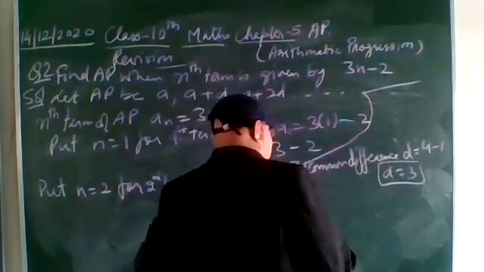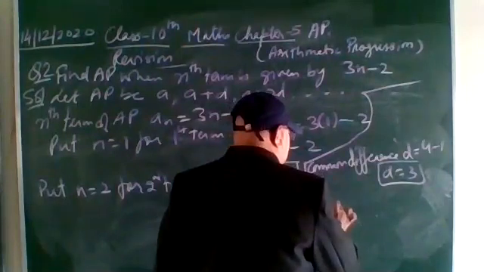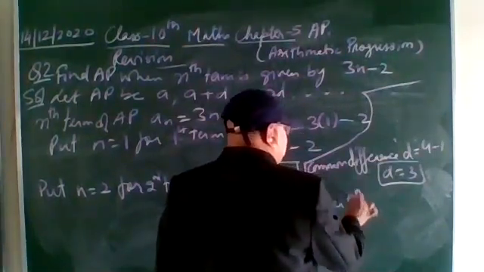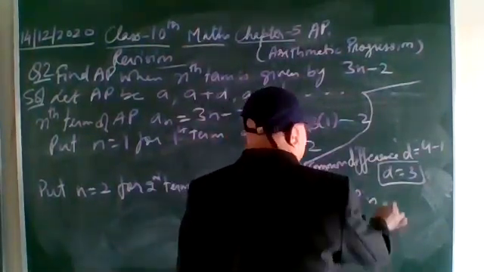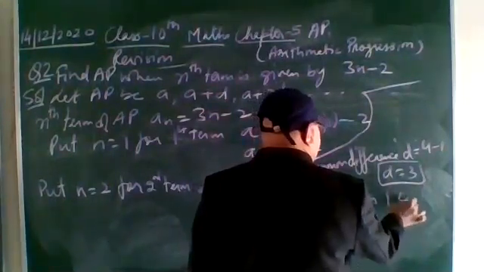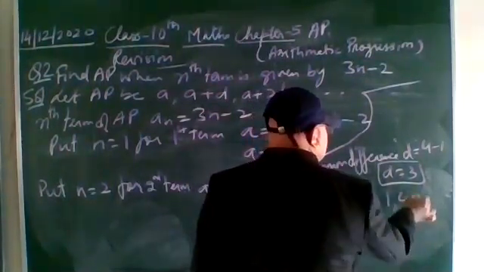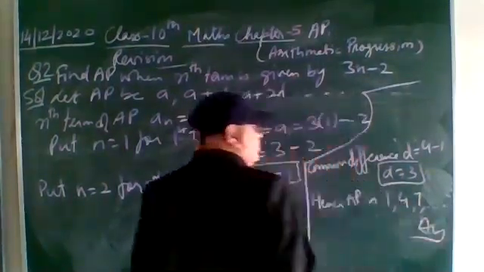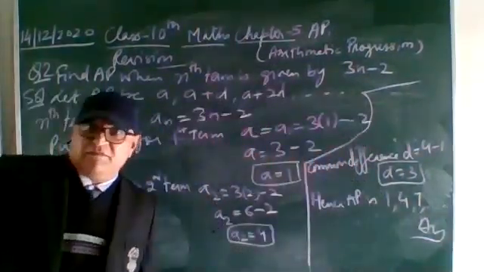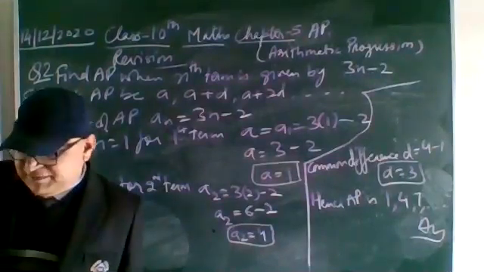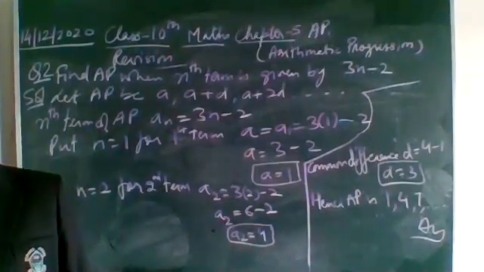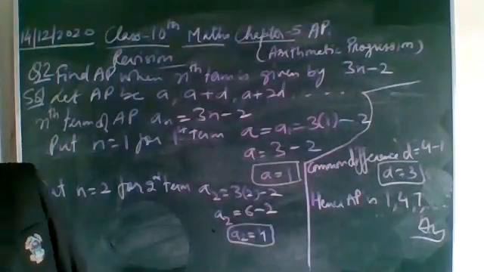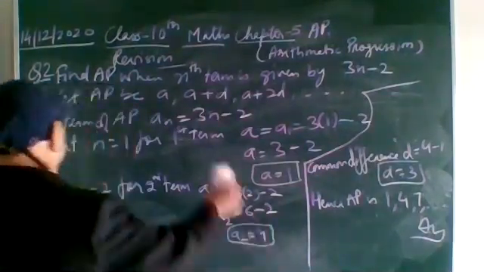After finding d, you write, hence AP is, so the first number is 1, second is 4, 7, and so on. This is the way you can do the question when the nth term is given. Now next question.